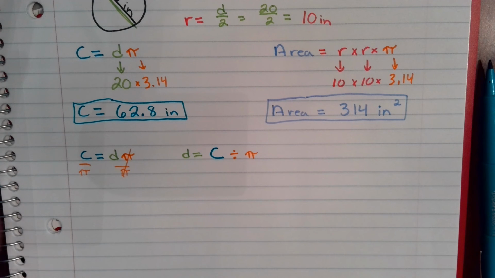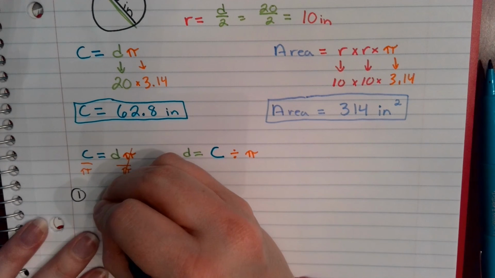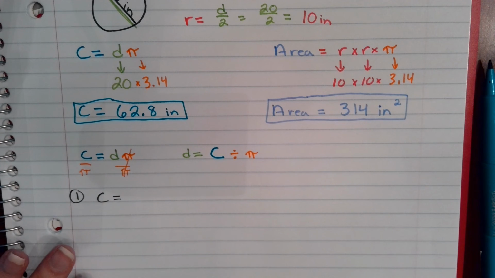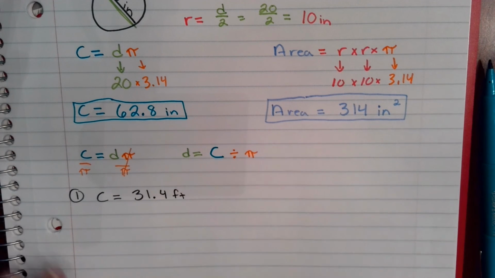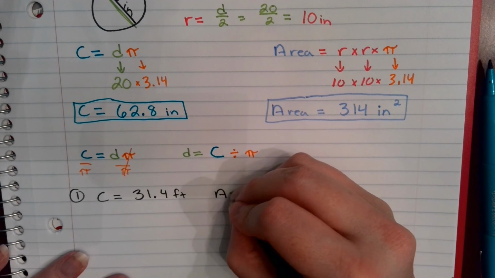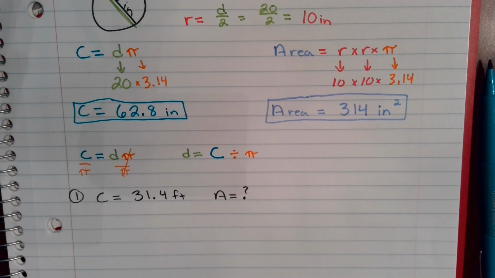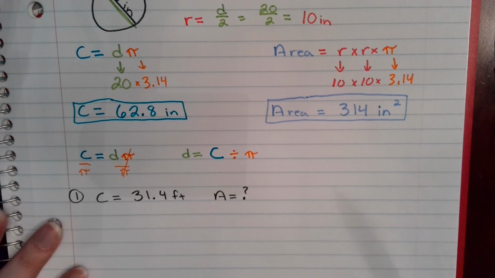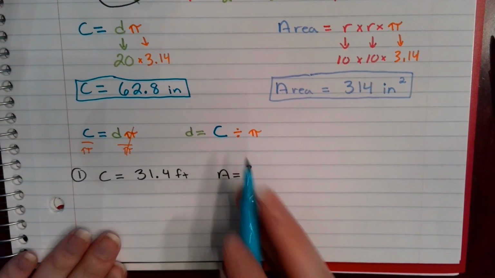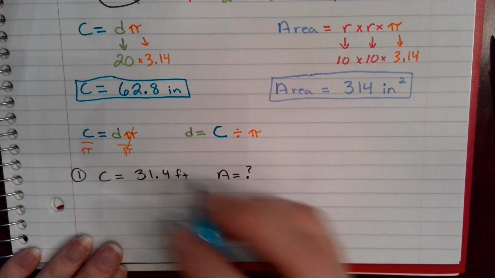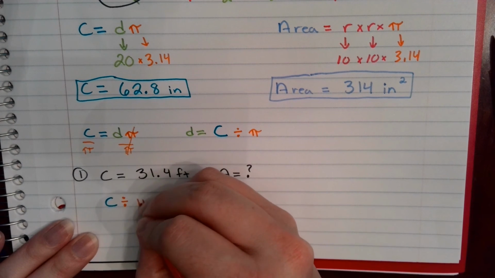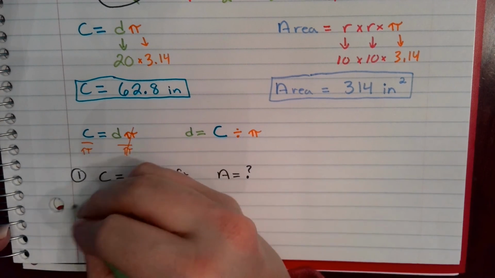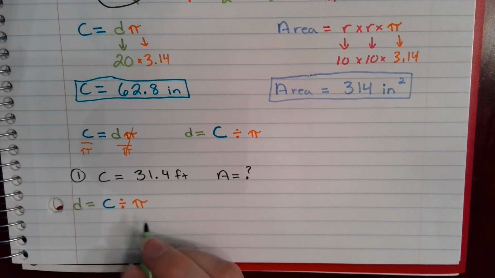Okay, so let's try a problem like that. If I say that circumference is equal to 31.4 feet, and I want to know what is the area. Okay, so I know that I can take my circumference and divide it by pi, and that will leave me with the diameter, because diameter times pi was circumference.